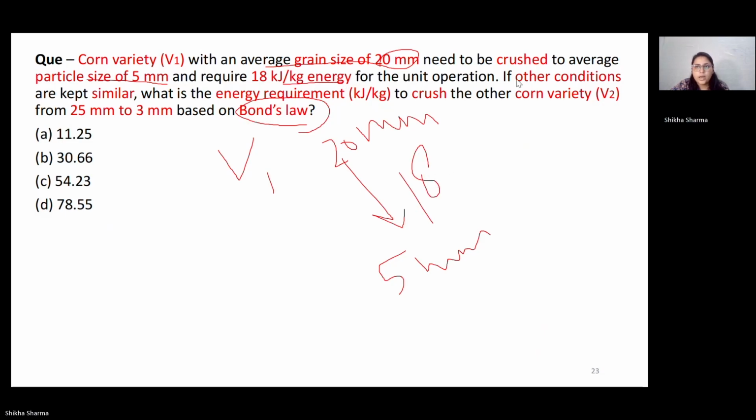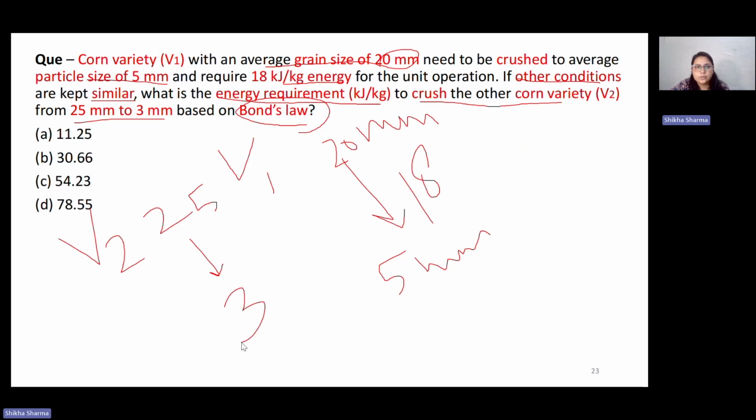If other conditions are kept similar, what will be the energy requirement in kilojoule per kg to crush the other corn variety V2 from 25 mm to 3 mm?